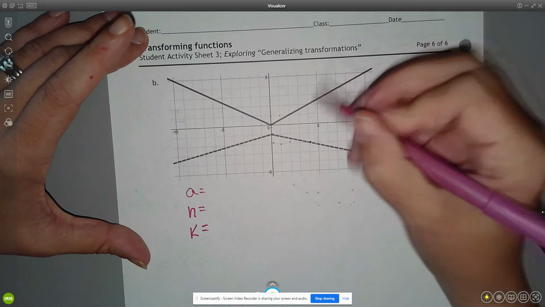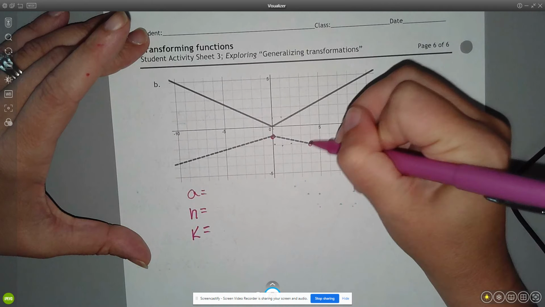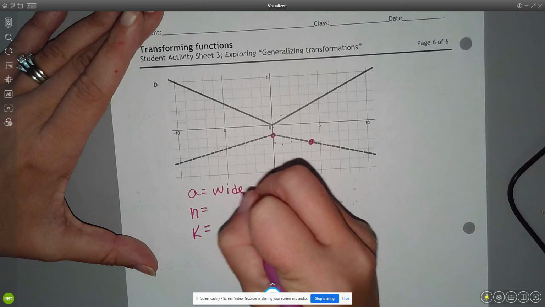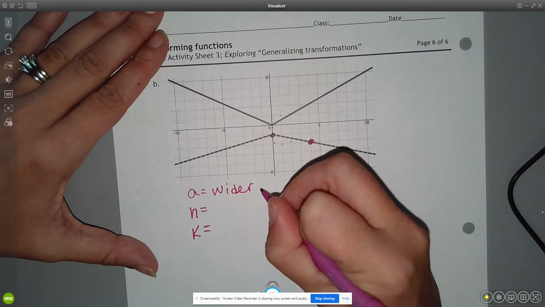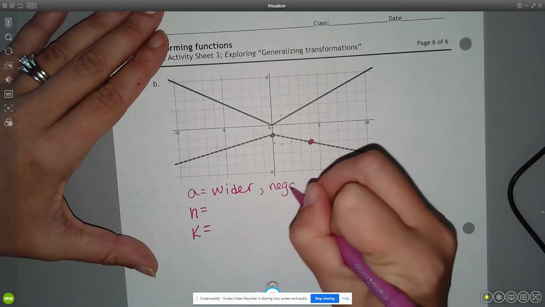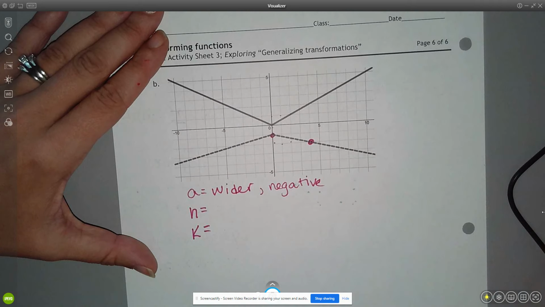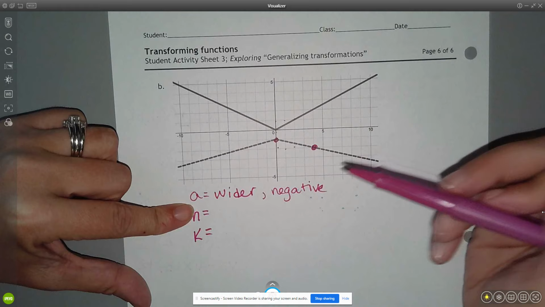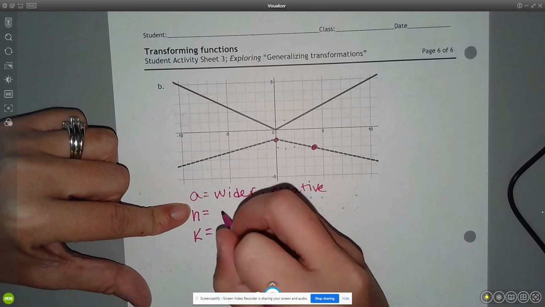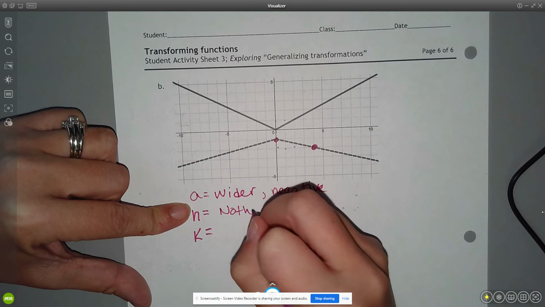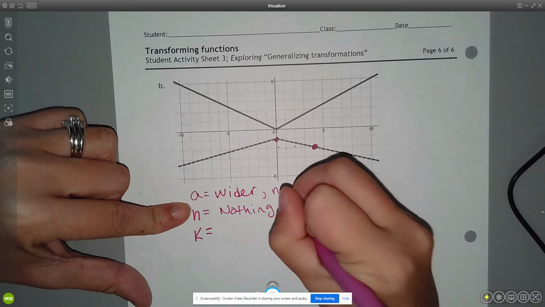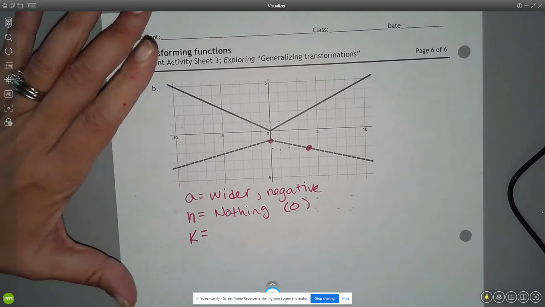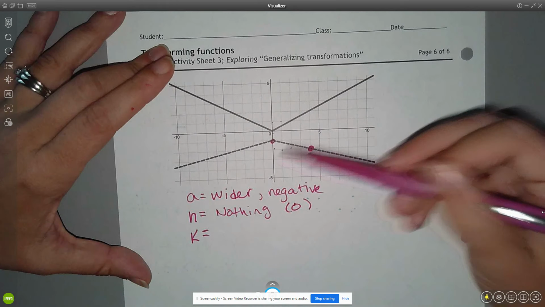When I'm looking for that point there, this time it gets even wider. It's hard to see, but it gets wider, and it's negative. My H doesn't shift left or right at all, so nothing changes with that. It's still at 0. And then my K shifts down.